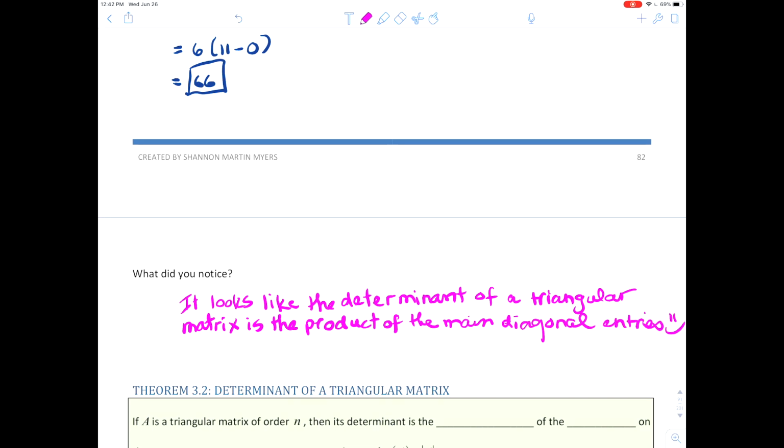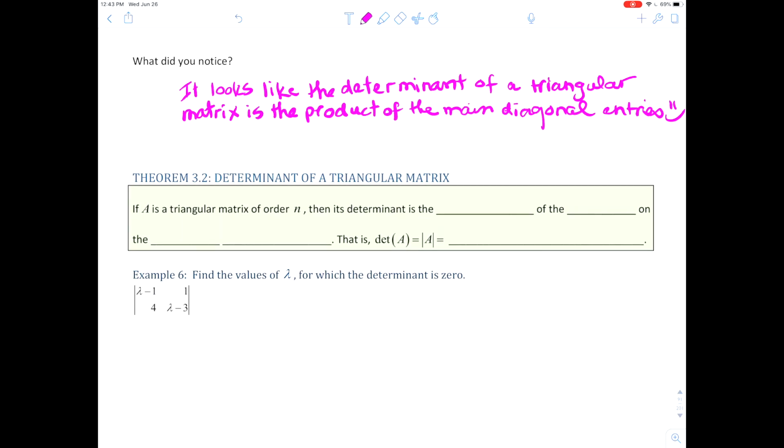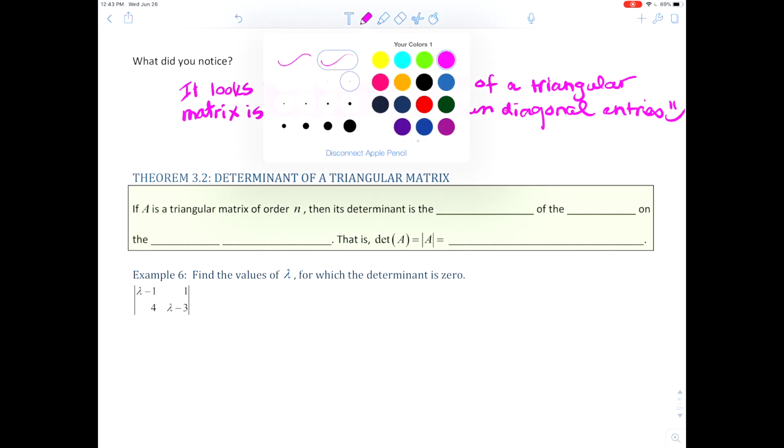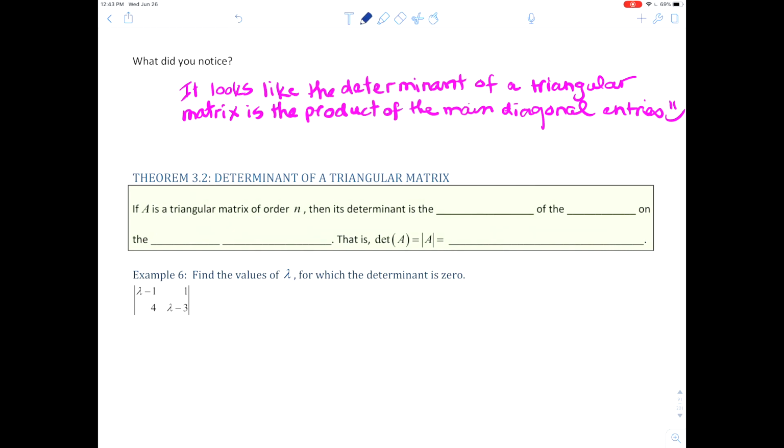All right, so let's make it official. Determinant of a triangular matrix. If A is a triangular matrix of order n, then its determinant is the product of the elements or entries on the main diagonal.